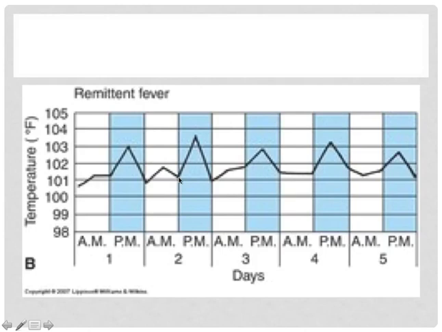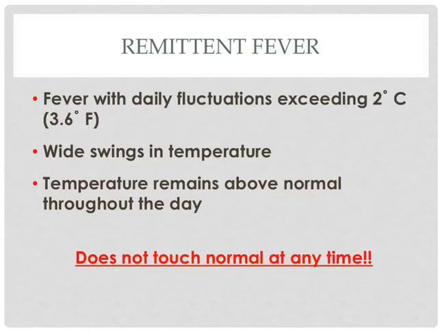So that's the remittent fever. It's a fever with daily fluctuations exceeding about 2 degrees. There are wide swings in temperature like the intermittent fever, and temperature remains above normal. Whereas in the intermittent fever they come back to normal, in the remittent they don't return to normal, and it does not touch normal at any time.